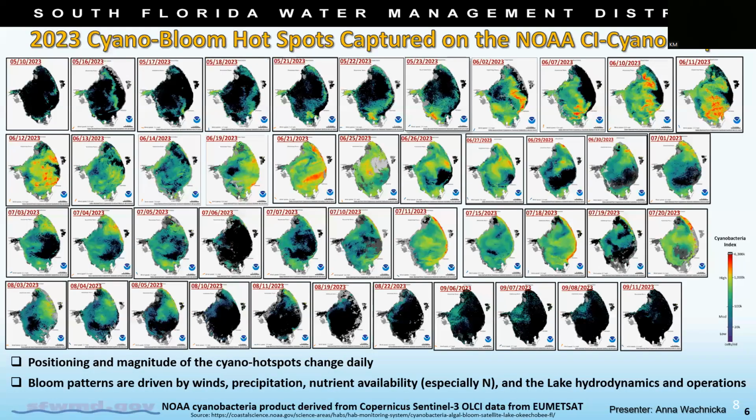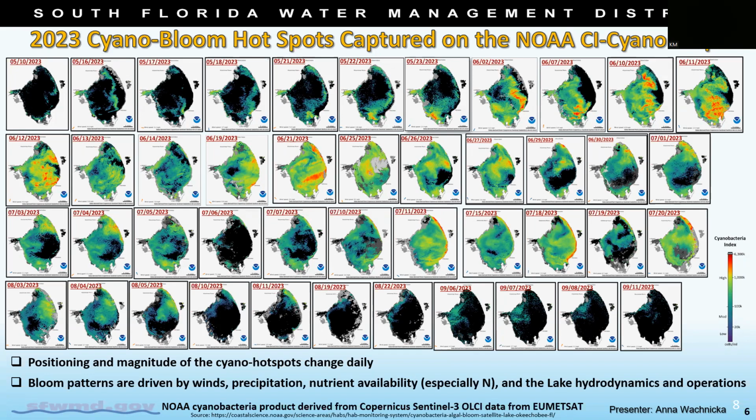Okay, so this is basically the 2023 cyanobacteria bloom season on the NOAA satellite map. You can easily see how the blooms developed, the locations where the concentration of cells was highest, and when the bloom ended.